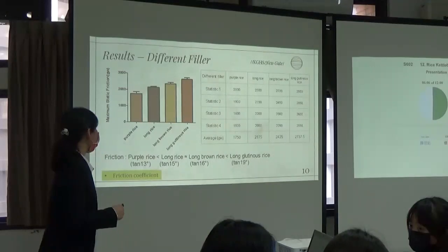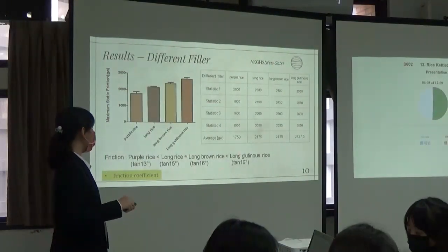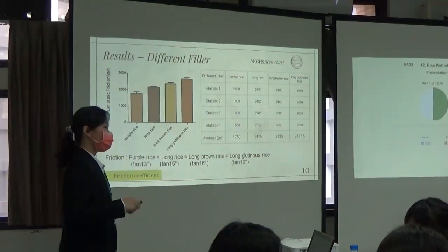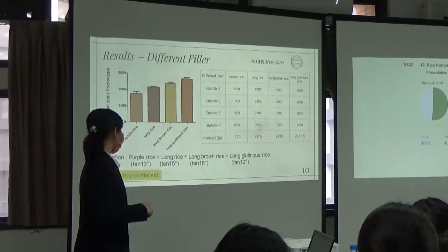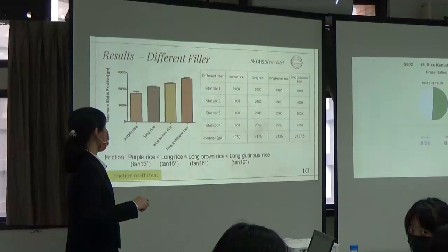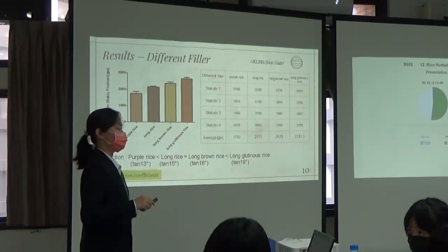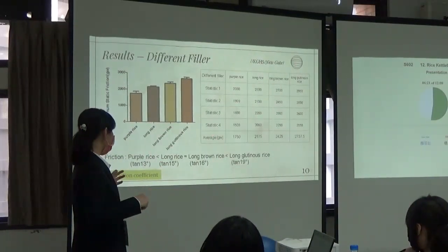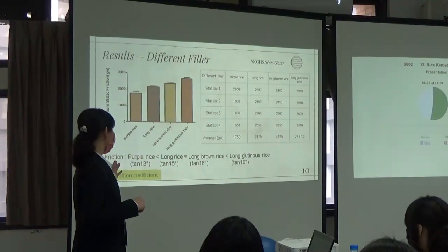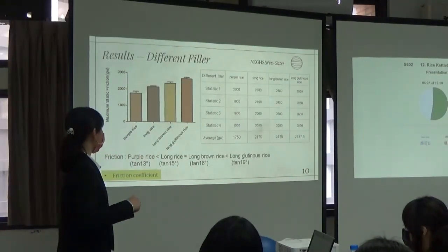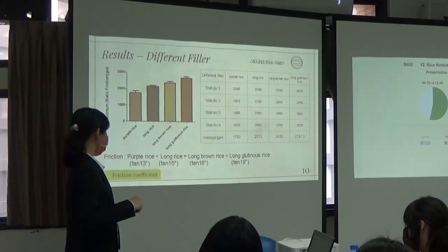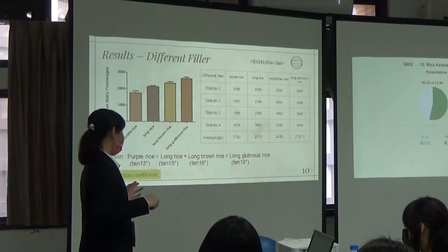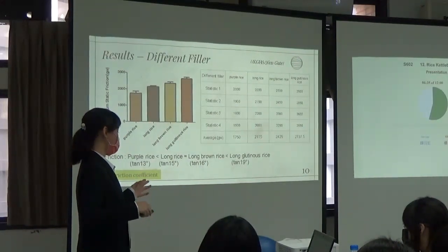The second experiment is that we put different fillers inside the vessel, and instead of changing the size, this time we changed the surface of the filler. We used purple rice, long brown rice, and long glutinous rice. We calculated the friction coefficient: purple rice has the smallest, second is long rice, which is almost equal to long brown rice, and the biggest one is long glutinous rice.